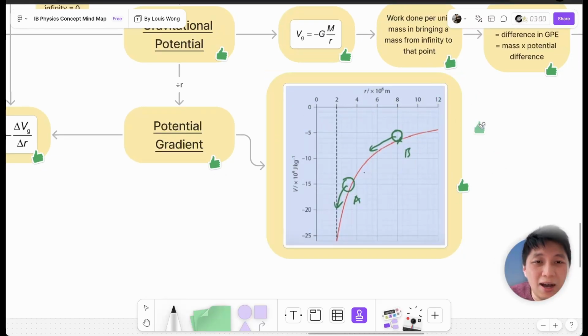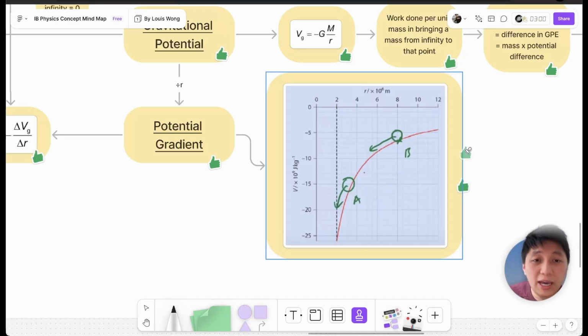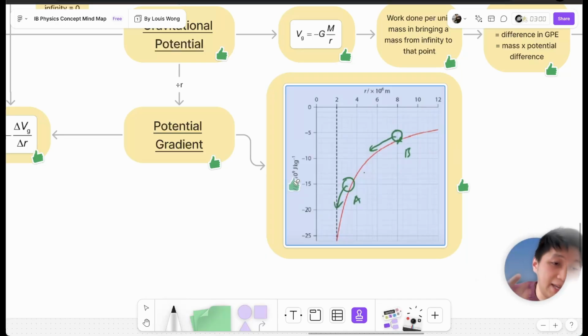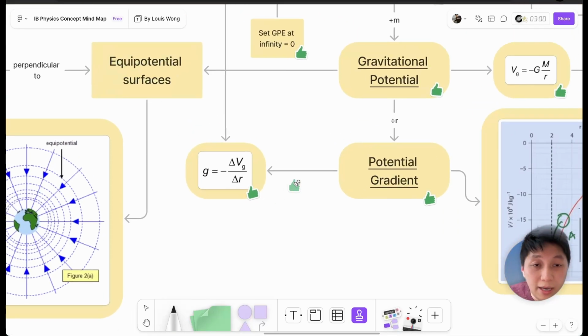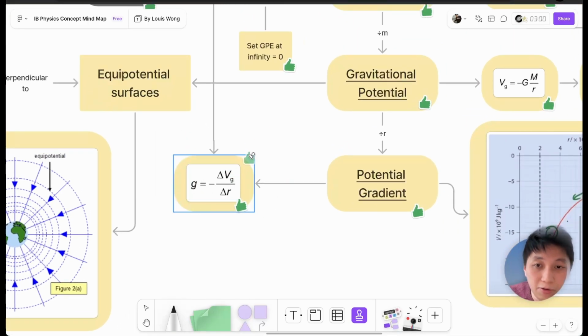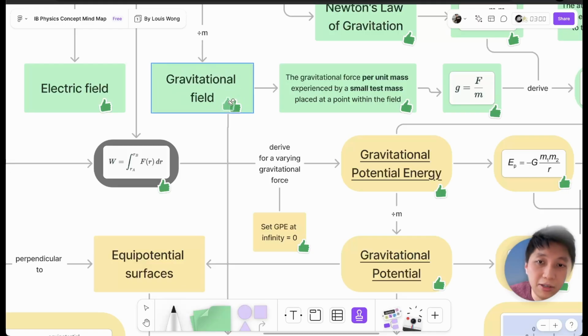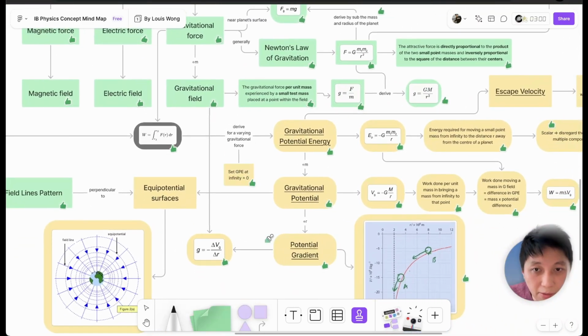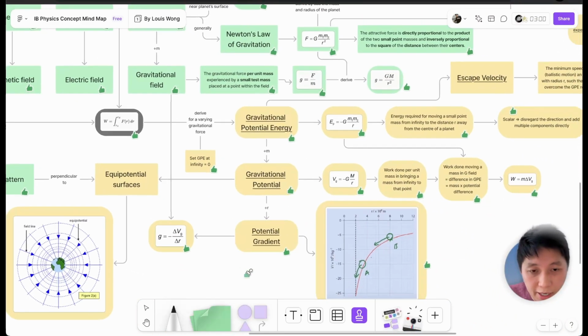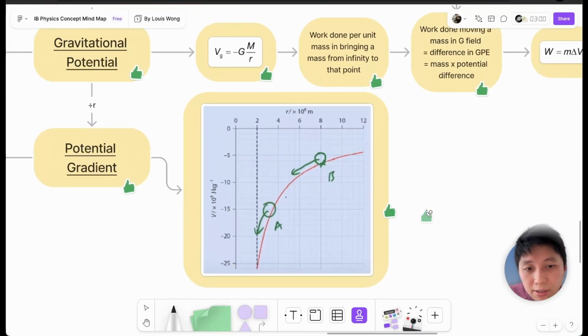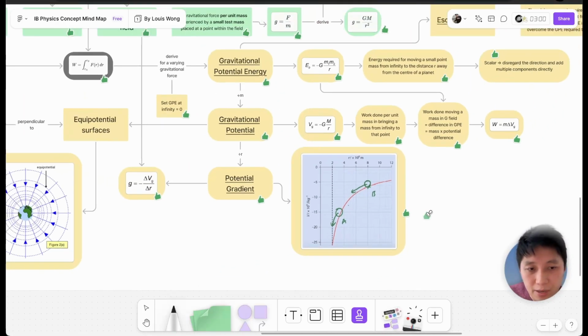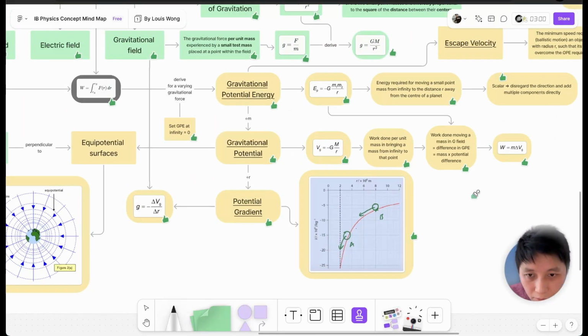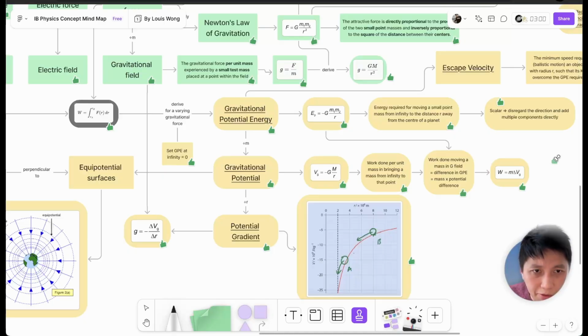As I mentioned in the video, you can look at the slope of this curve and take it as the acceleration, because as we can see here, g equals this potential gradient. g is literally the gravitational field that we were talking about. So you can see everything is interconnected. In this graph, the steeper the slope, the greater the magnitude of the acceleration. This is something that conceptually you need to know.